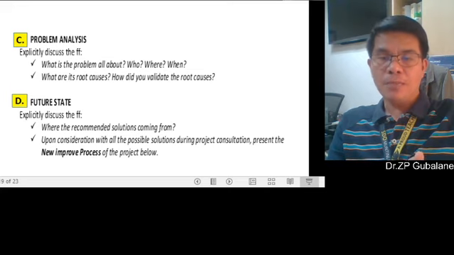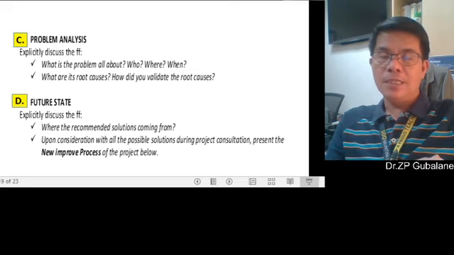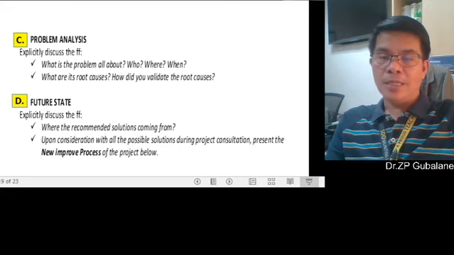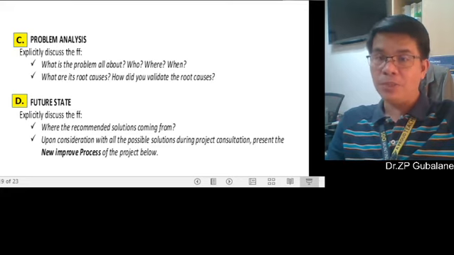The next one, future state. Now, if you have your current process now, since we are in the pandemic situation, definitely there shall be a significant change in your process, in your procedure.